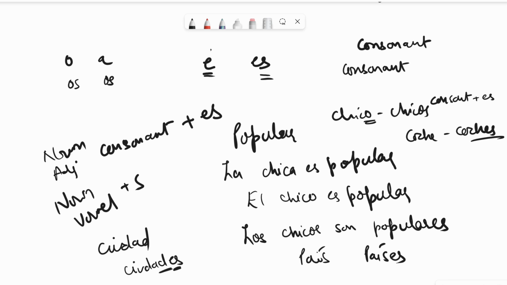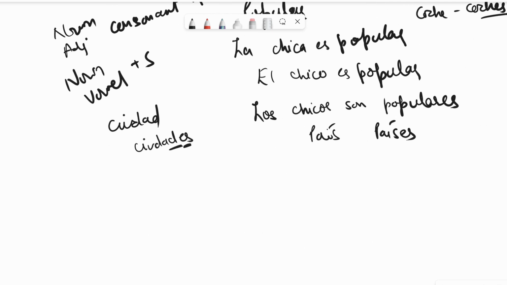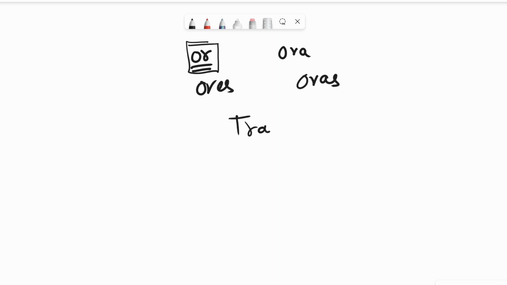Now, the last category here is the OR ending category, not to be confused with the consonant ending category. So if a noun ends in OR, again, you're going to have four forms, or, ora, ores, oras. For example, trabajador. Trabajador is hardworking, so feminine will be trabajadora.